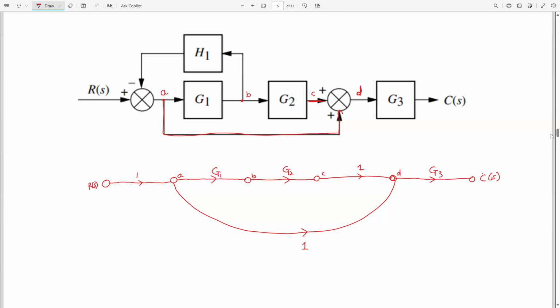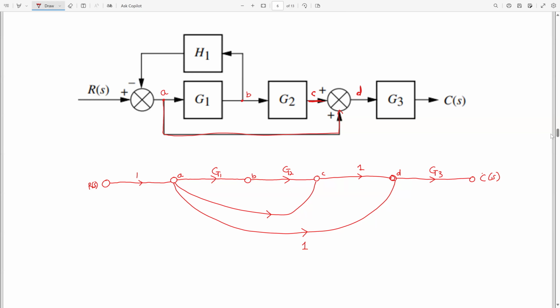Now, mind you, most of you might make the mistake of trying to connect this one to this side. Although it may seem right, what I'm trying to say is that you are saying that the signal C is the output of the summing junction, which is not the case, right? We can see that the signal C is clearly an input to the summing junction here, and the D is rather the output.